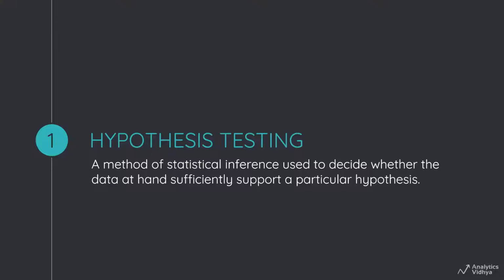If you look at the whole statistics world, it is divided into two parts. One is descriptive statistics, and the second is inferential statistics. Descriptive statistics deal with certain numbers that describe the group.